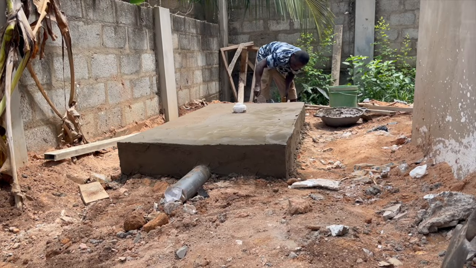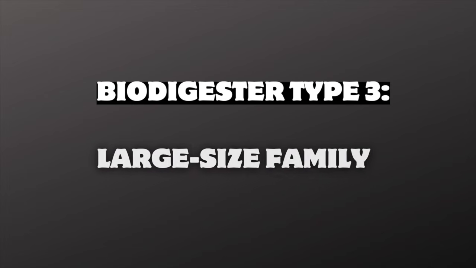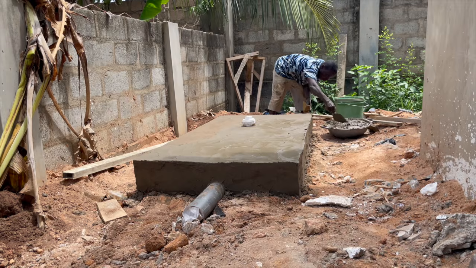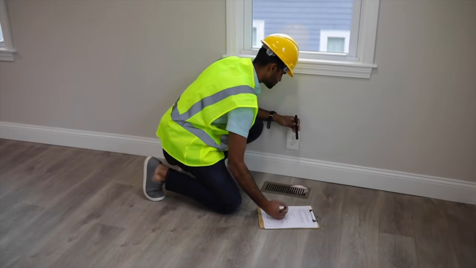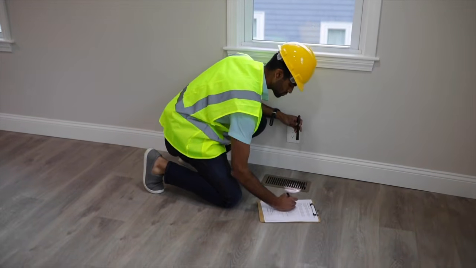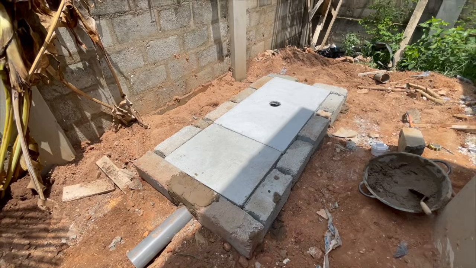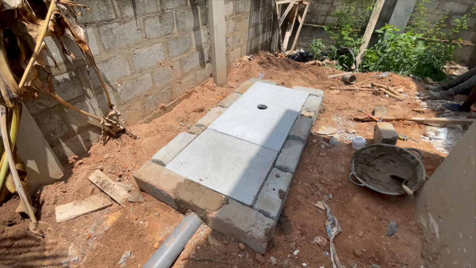The third type of biodigester that you can consider for your property is the large family size biodigester. This biodigester has been designed for properties ranging from 5 to 8 bedrooms, possibly with a boys' quarters attached, storey buildings, rental properties, and compound houses.